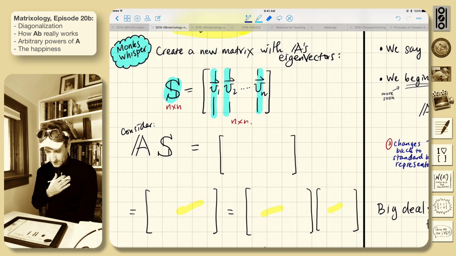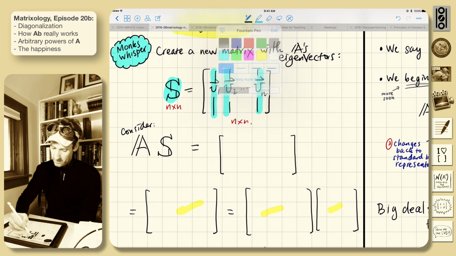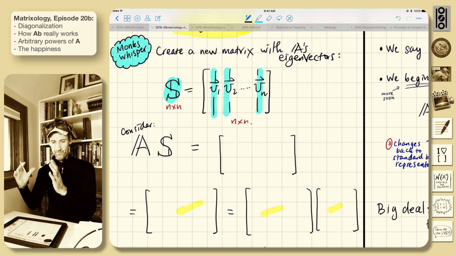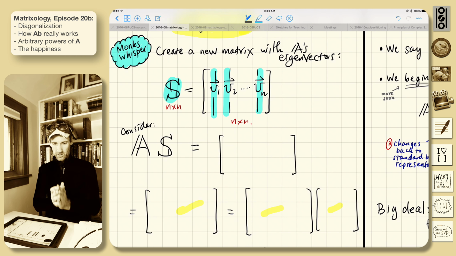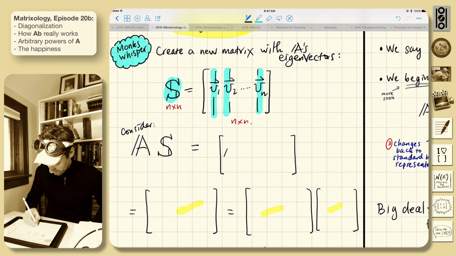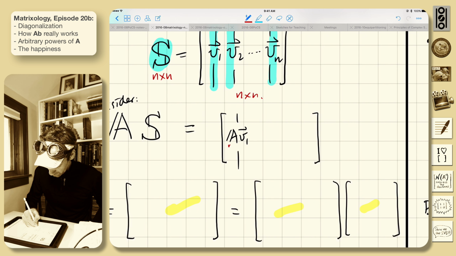Okay, so A times S. We know that if we multiply a matrix times another matrix, this is the same as doing a matrix times the first column here, A times v1. And let's be clear about what that is. This is a vector, right? This is m by n, and this is m by 1.